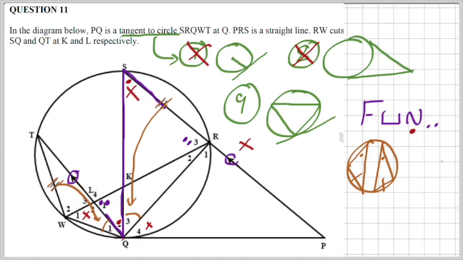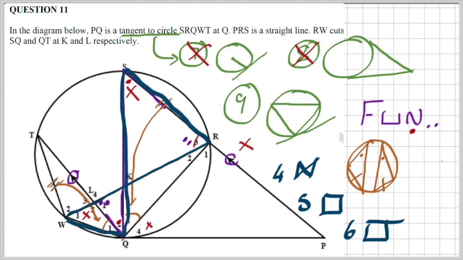What is the one thing you may assume in grade 11 Euclidean geometry? Cyclic quadrilaterals. Now, I don't have theorem 5 and 6, but I do have a bow tie, and there's my bow tie. So angle R3 is equal to Q1 and 2 together.